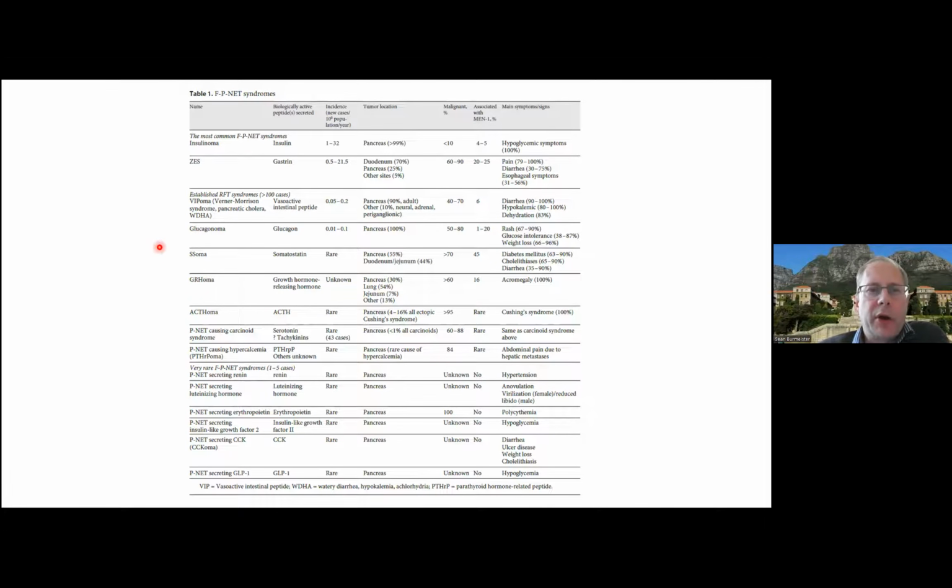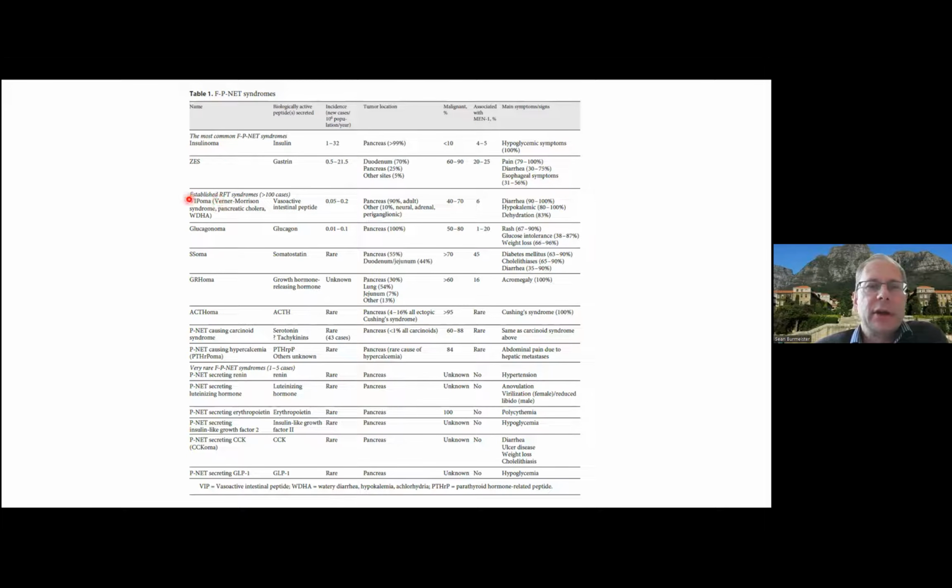What I want to point out to start with is that the vast majority of functional pancreatic neuroendocrine tumors will be either insulinomas or gastrinomas. Okay. So you can appreciate that when you look at incidence over here, insulinomas are the commonest, followed by gastrinomas, and then you'll see that all of the others are actually pretty rare.